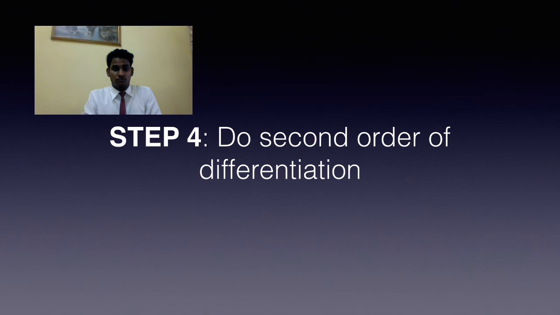Followed by step 4, which is to do the second order differentiation, which means we need to change dy over dx into d power of 2 y over dx power of 2.